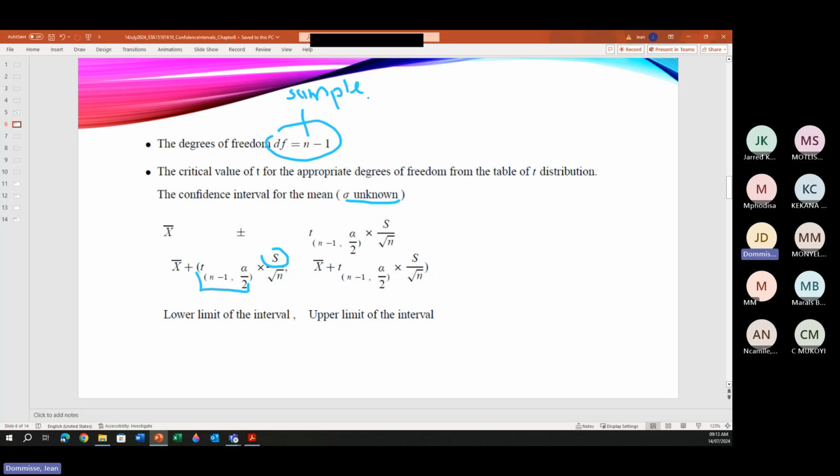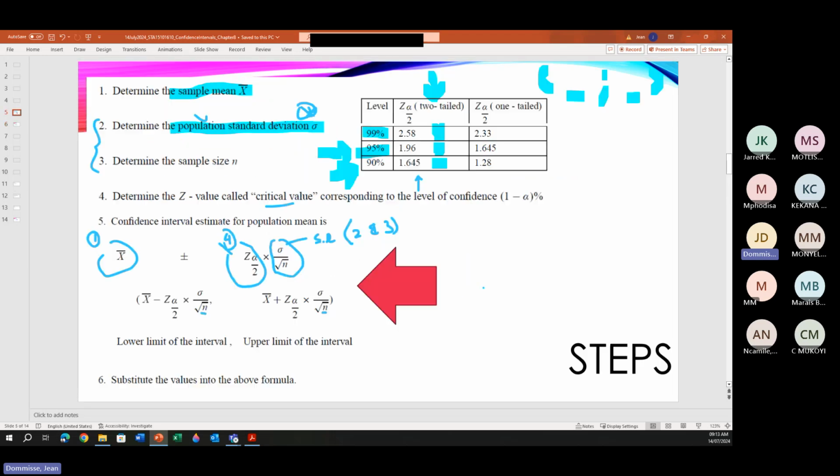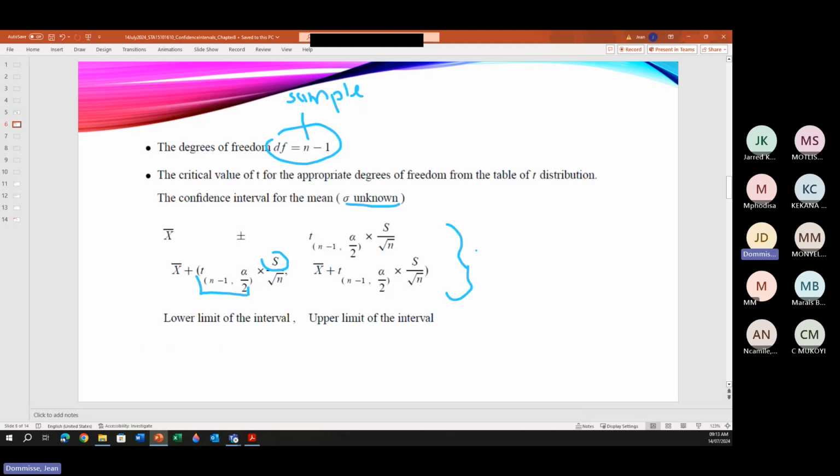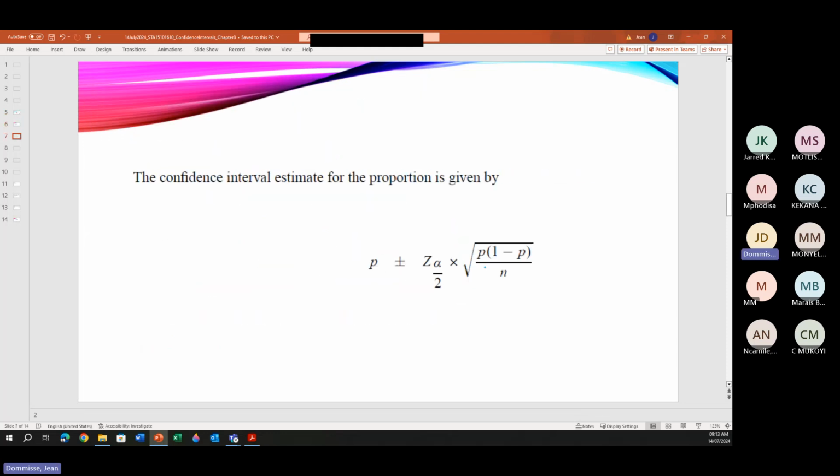I will show you again in the examples what to look out for, so that you can make sure that you classify it correctly, so that you use the correct formula. Because again, this then at step 5 is the only thing that is nearly different. And then the third one that we will look at is the proportion.